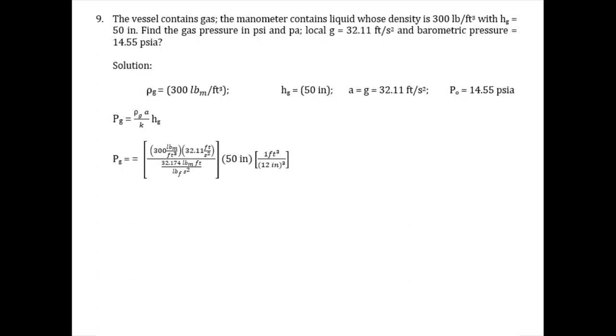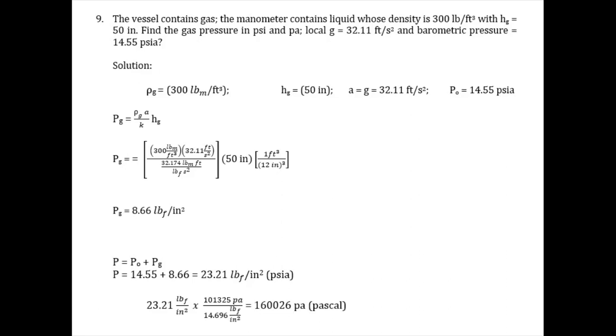Substitute the given values, so we have 8.66 pound force per inch squared. To find the absolute pressure, we will use the formula that absolute pressure is equal to the sum of atmospheric and gauge pressure. So, substituting the given data, we have 23.21 pound force per inch squared, or 160,026 Pascal.